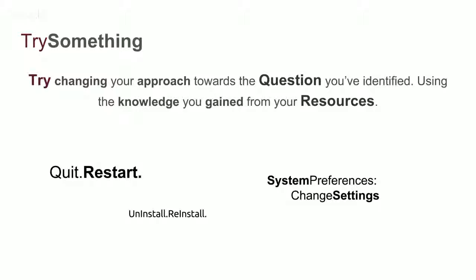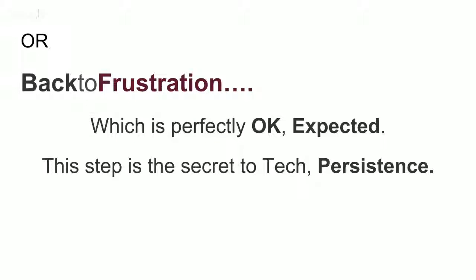This is our step where we're going to try something different to hopefully get a different result, which is a much more reasonable expectation. And so hopefully after you do something new, you find success. More often than not, after the first go-ahead, you're going to head back to that frustration. It may not have worked, which is totally okay. That's how it goes.